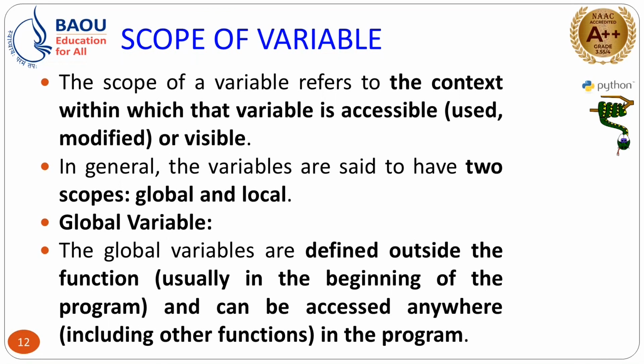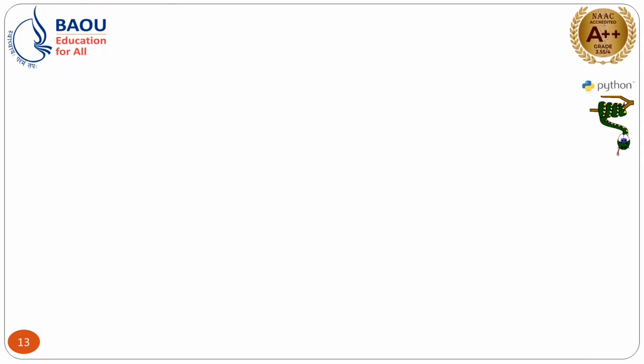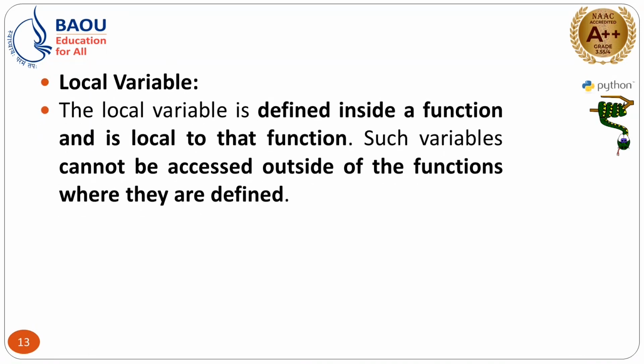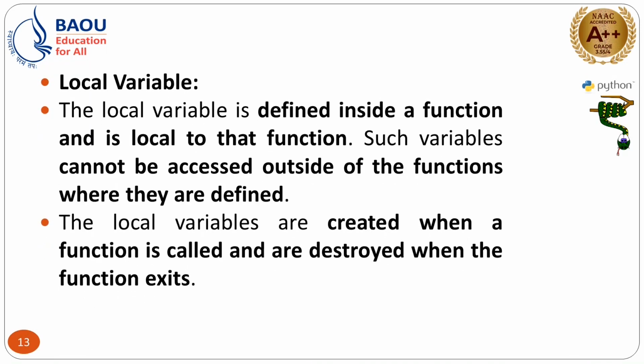If you try to use that local variable outside the function body, the compiler will give you an error message. The second one is the global variable. Normally it is defined at the beginning of the program, and it can be used in any function within the program. You can say a global variable can also be used outside the function, and a local variable can be used only within that function body.